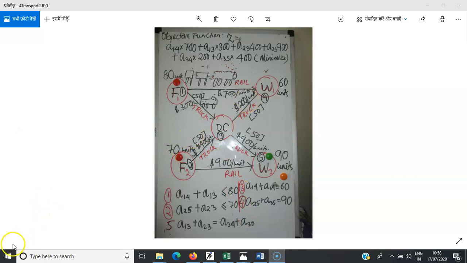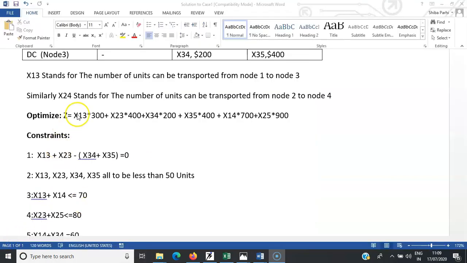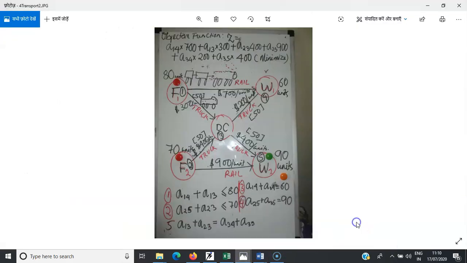So we can see the objective function of this equation. The material transported from node 1 to 3, x13, into 300, x23 into 400. So look into the diagram, and x35 into 400. Let us see the picture.